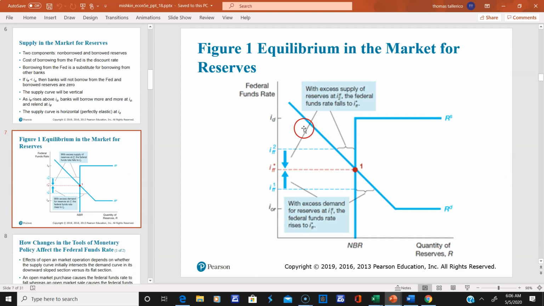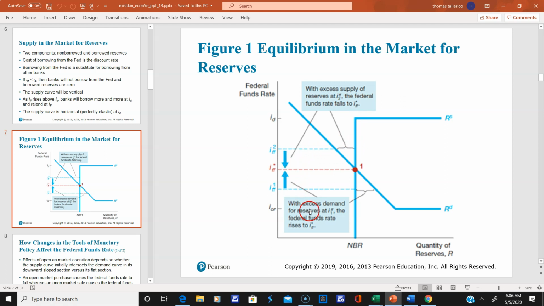So if you can look at this curve here. Here's the Fed funds rate, i_FF, right? And here's the Fed funds rate going up and down. So this is with excess supply of reserves at the i_FF, the federal funds rate falls, right? So you can see the Fed funds rate will fall down to here.